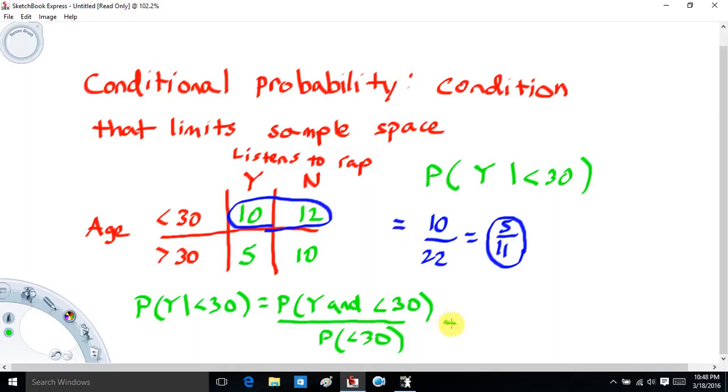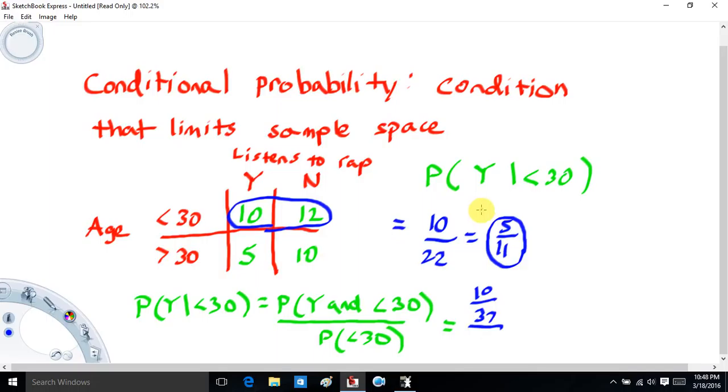So the probability that they do listen to rap and they're under 30 is just this right here. It's 10 out of, there are a total of 37 possible outcomes.